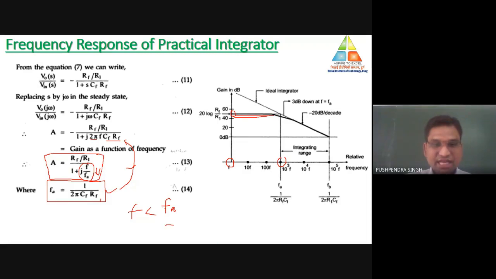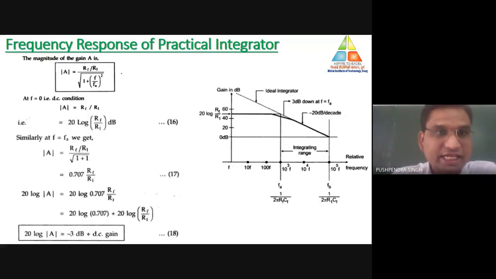But when F is equal to FA, on that condition, what will be the value of output? Let's see, after this, the magnitude response. When F is equal to FA, the gain is equal to RF by R1 under root 2, which is equal to 0.707.